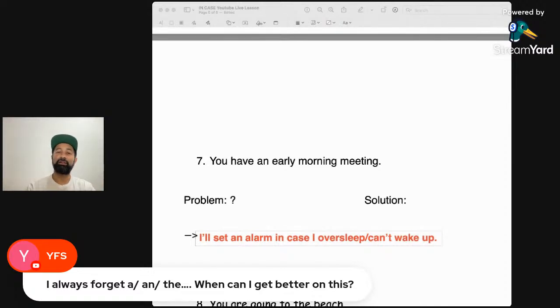But if the listener knows what you're talking about, or this is the second or third time to hear this noun, then you use the. So if the listener doesn't know, use a or an, and if the listener does know, please use the.